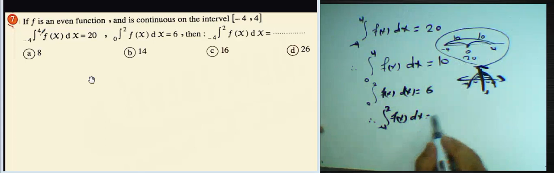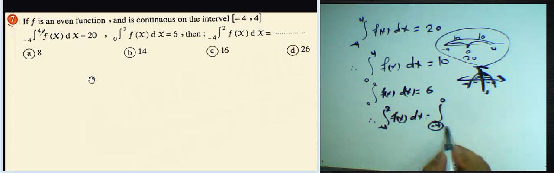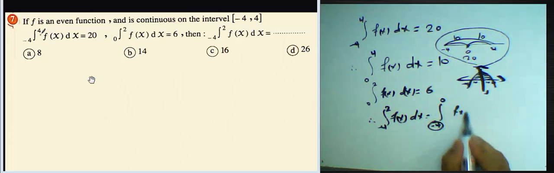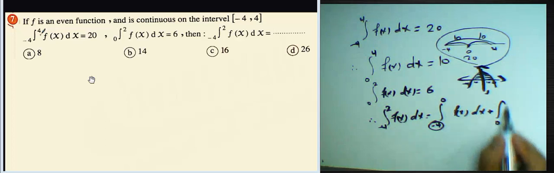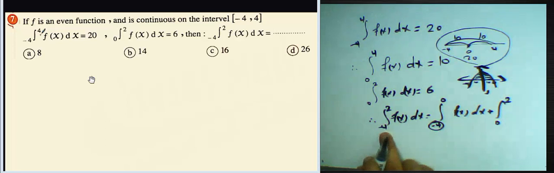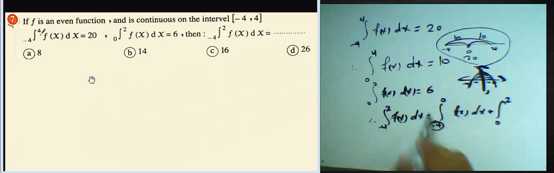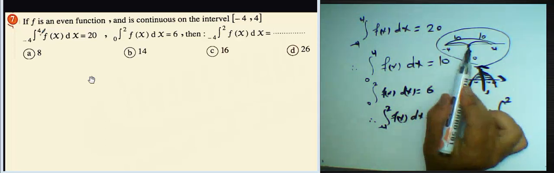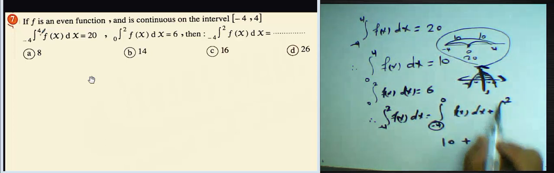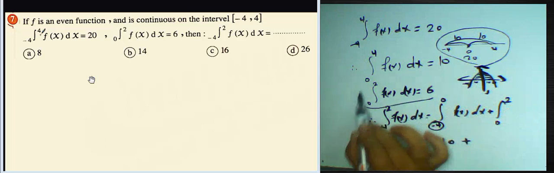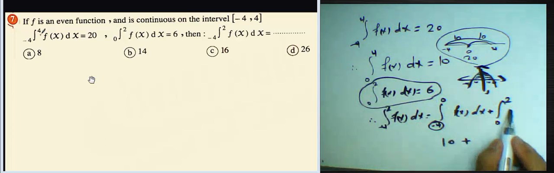We can write from -4 to 0 about this function f of x dx plus integration from 0 to 2. Because we have the integration from -4 to 0 equal to 10, okay, and integration from 0 to 2, he gives us the result here was 6 about this function.